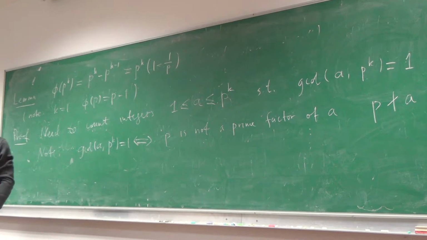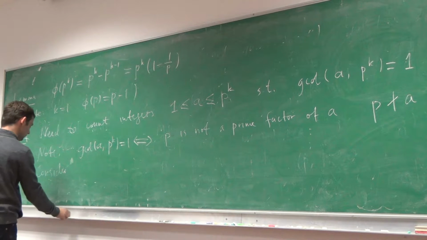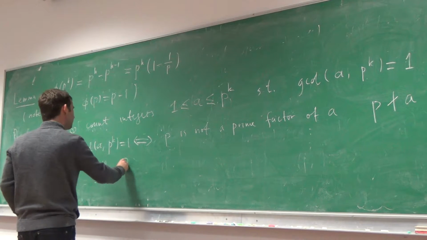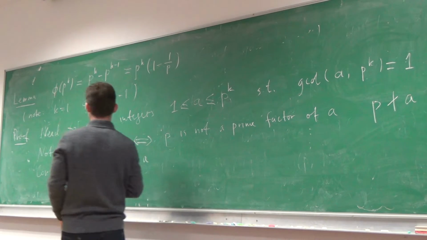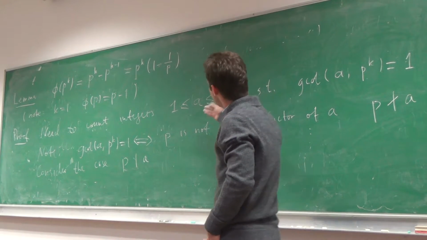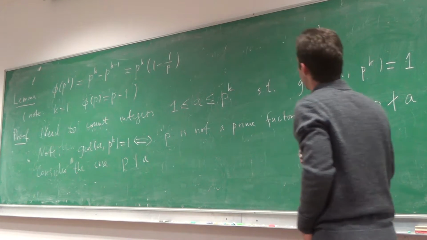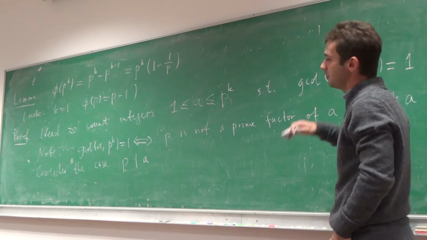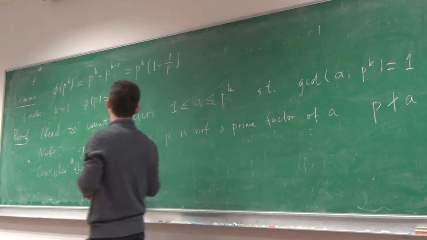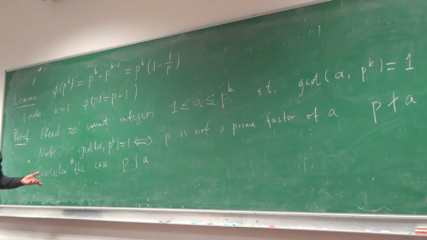So we consider the opposite situation, the case when p does divide a, and count these first. All the integers in my list are either, let's say, red or green. Controlling green is the same as controlling red, and the other way around. So what I suggest is we count those, and then take the complements.